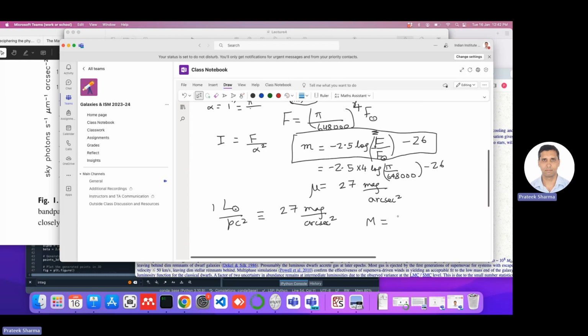Since you're putting all these objects at the same distance, their apparent magnitude is independent of distance because your distance is fixed now. So this becomes minus 2.5 log L by L sun. And what is the absolute magnitude of the sun? It's about plus 4.8. So if you put L equals L sun, the absolute magnitude is 4.8.